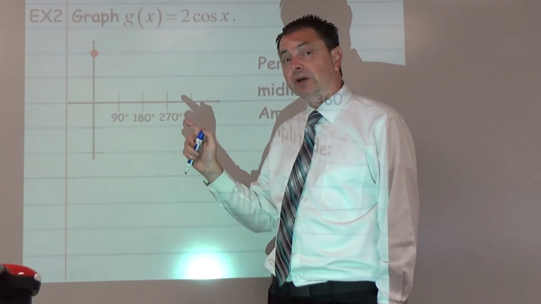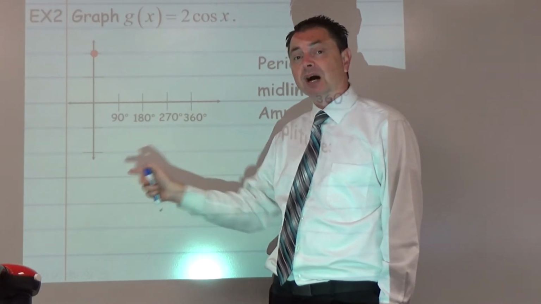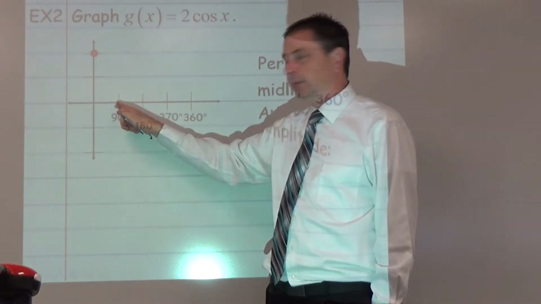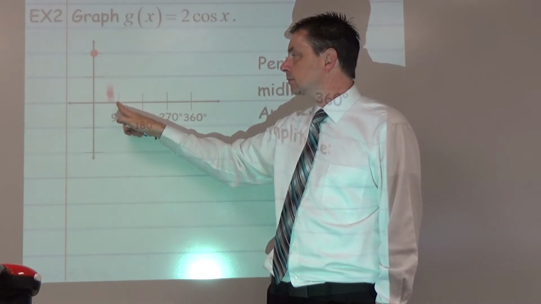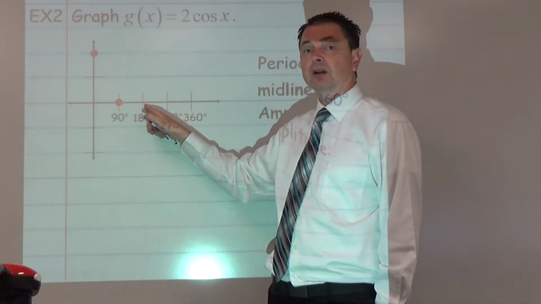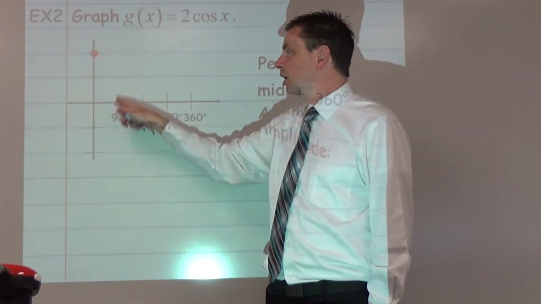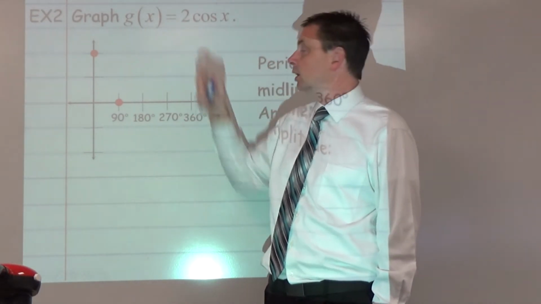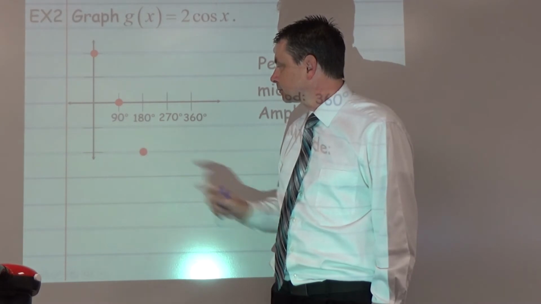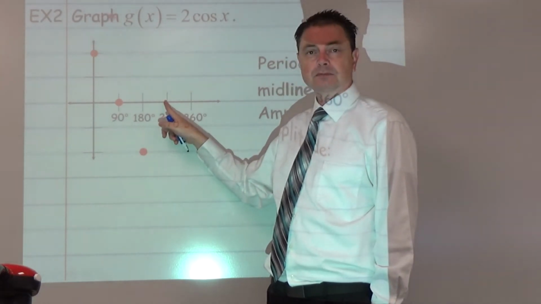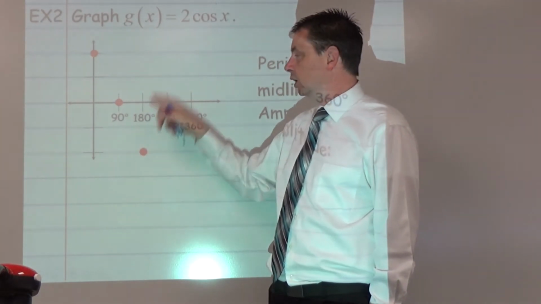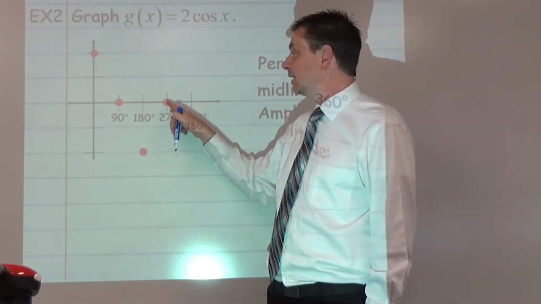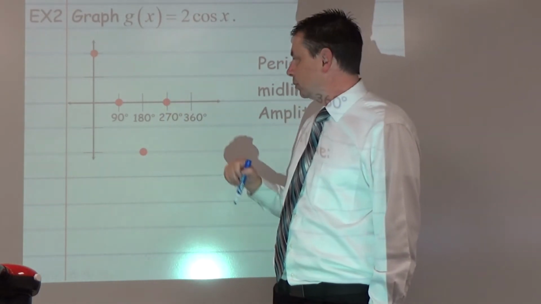If the first key point is above the midline, the next one must be on the midline. And then the next one has to be below. How far below? It's going to be 2 below the midline. We return to the midline. You can't skip over. You can't go from below to above. You have to visit the midline again, and then we're back above.